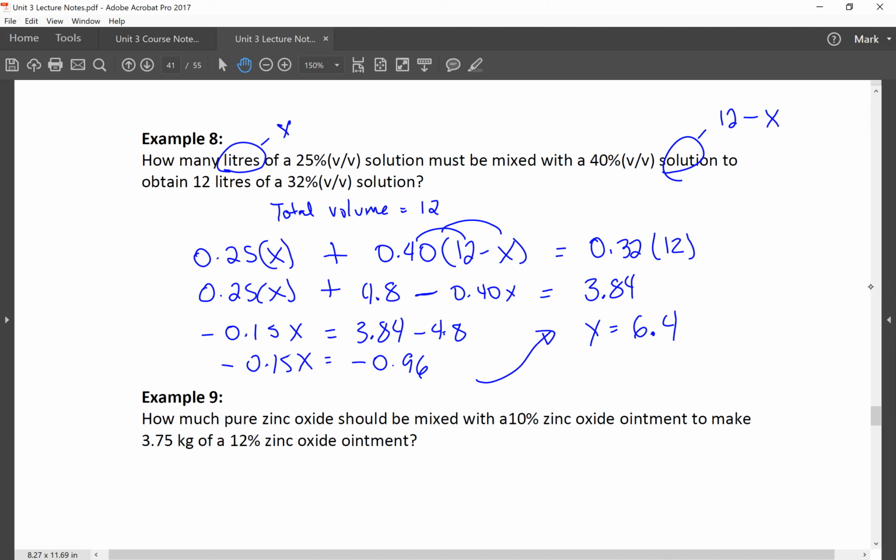Now, I haven't answered the question. Well, I guess I did, didn't I? It says how many liters of a 25% solution must be mixed? 6.4 liters. I know it's liters because the units I'm using are liters. So that's it. The other solution, if you're curious, let me change my color here. Hold on now.